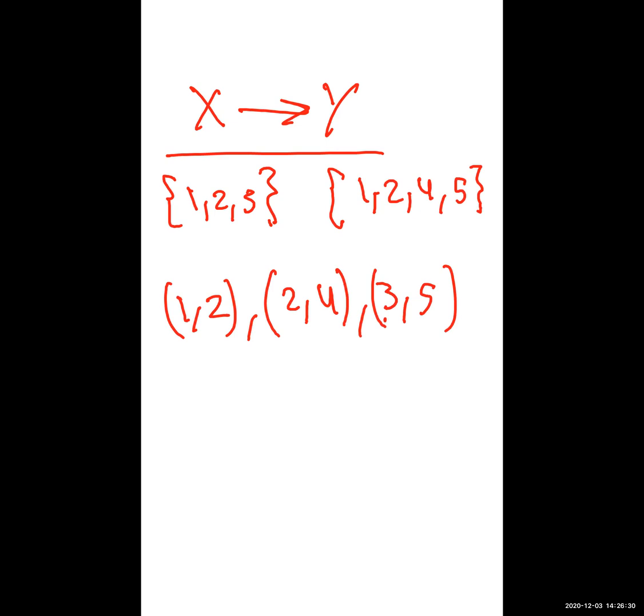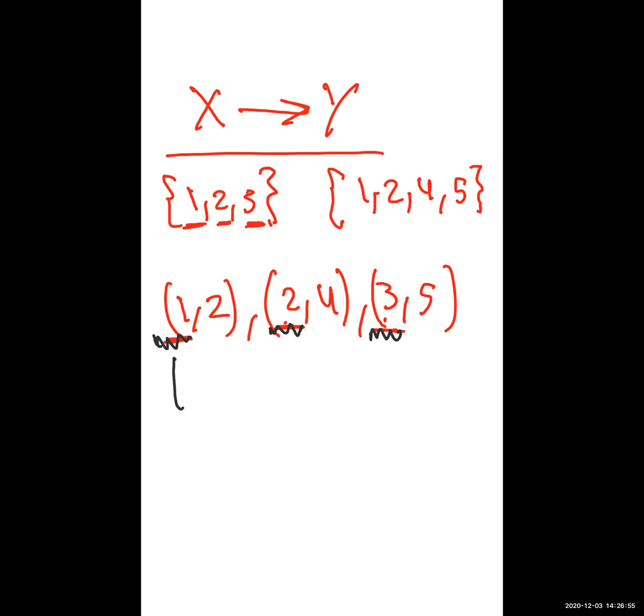So I said that each element of the set x, 1, 2, 3, appears only once, one time each, as first projection.